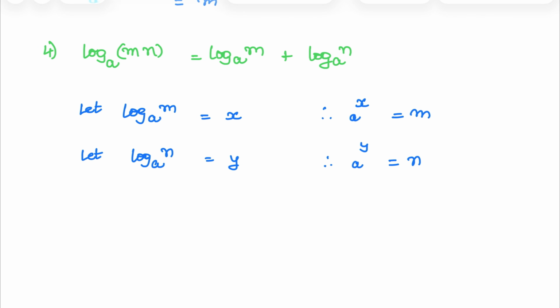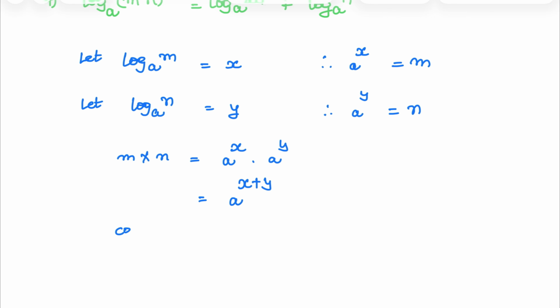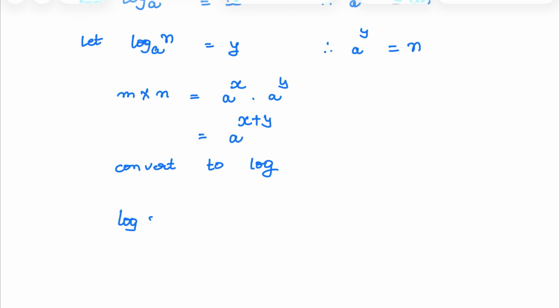See, let's multiply m into n. m into n equals a power of x into a power of y, equals a power of x plus y. Convert it as logarithm. Log mn base a equals x plus y.